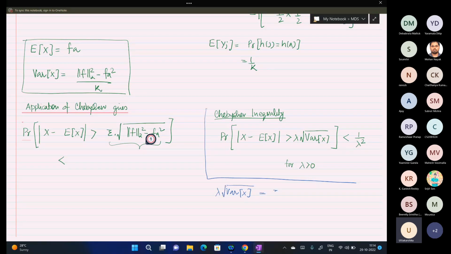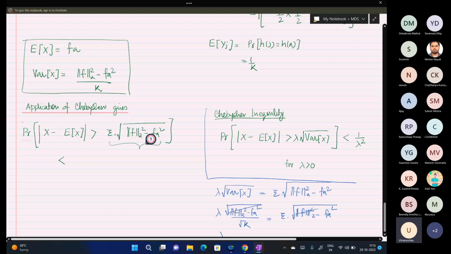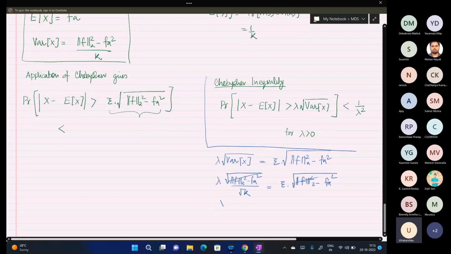We used epsilon times the square root of f2 square minus fa square, so this gets cancelled out, and we get lambda as epsilon into root k. Right.